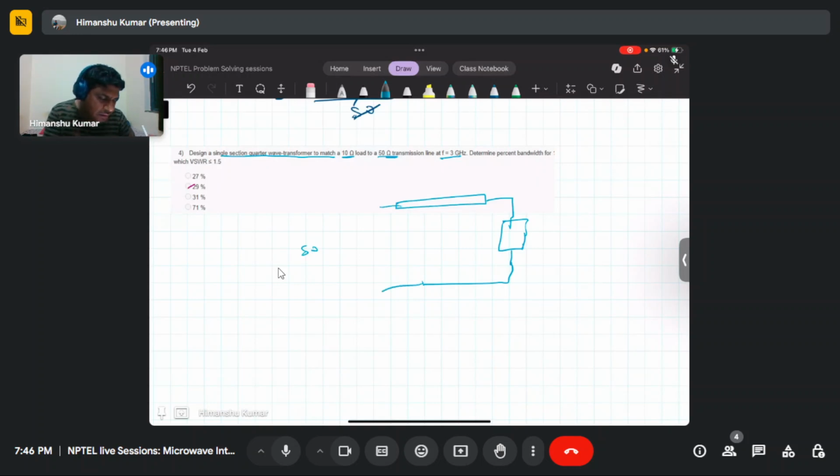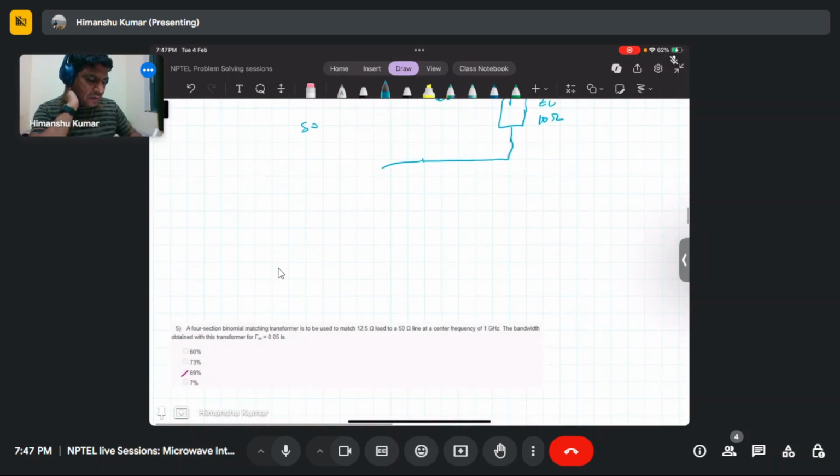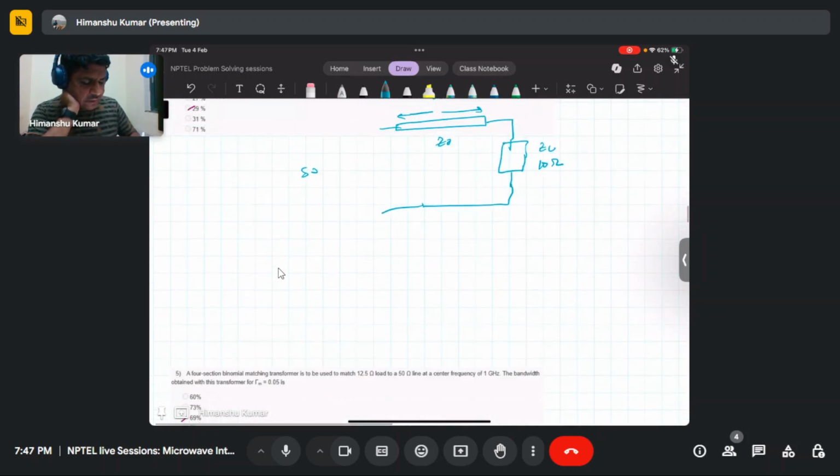Let's say Z naught is the characteristic impedance of this line, ZL is the load, and the length of this line is L. To match a 10 ohm load, to design this line, you can calculate the characteristic impedance of this line, Z naught.